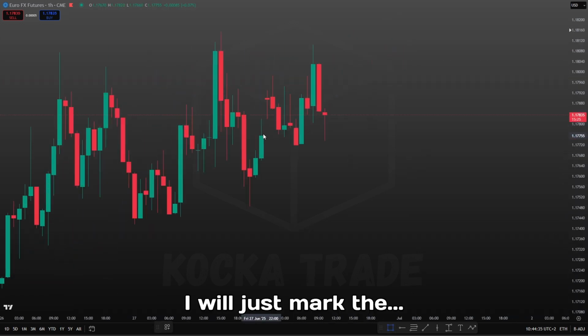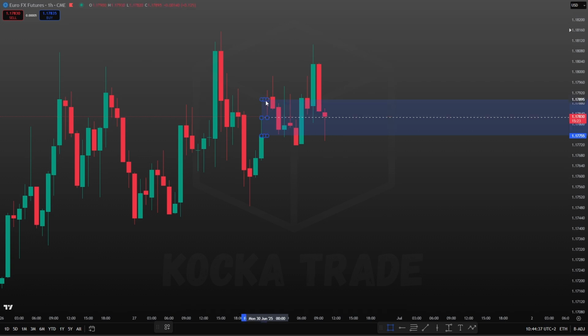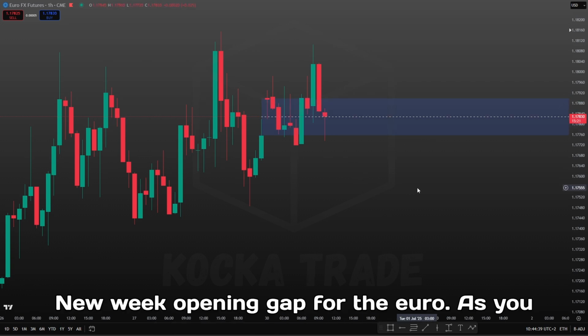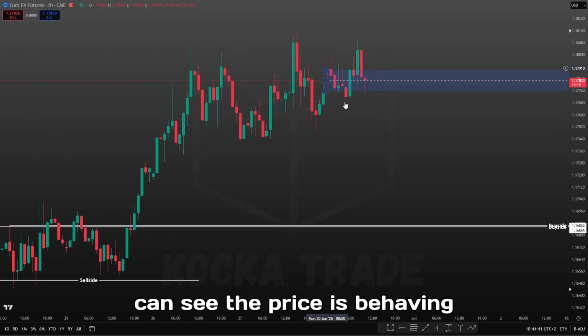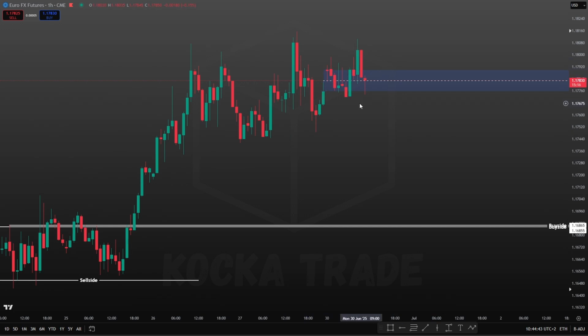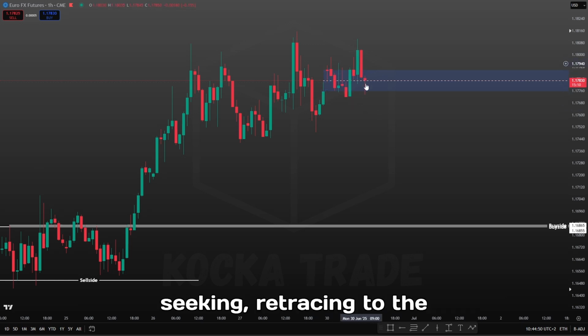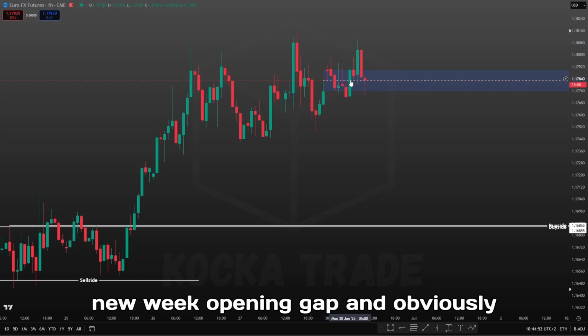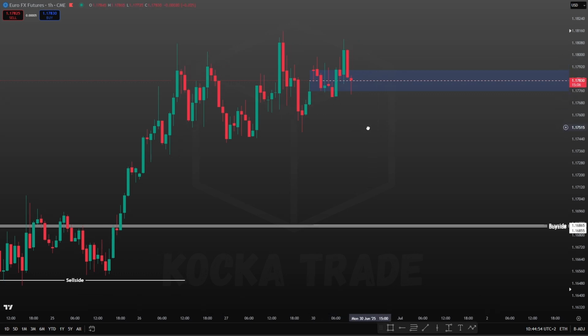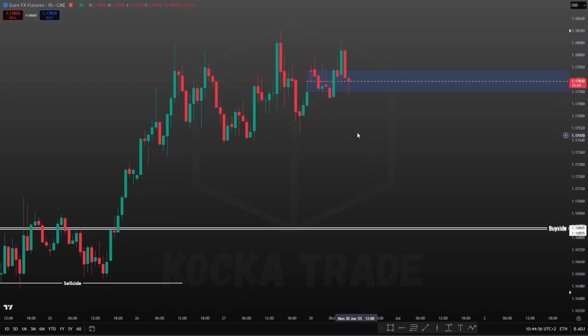I will just mark the new week opening gap for the euro. As you can see, the price is behaving contra-correlated to the dollar. The dollar is retracing to the new week opening gap, and obviously the euro is doing the same, but from the flip side.